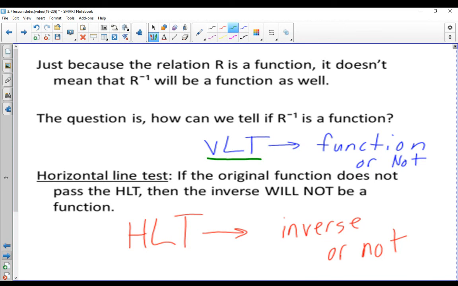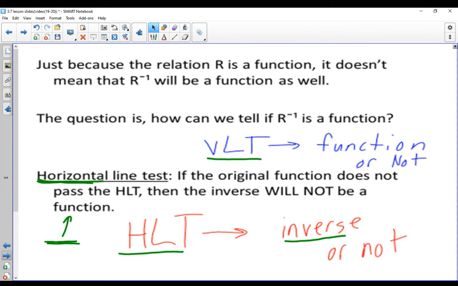But believe it or not, there is not only a vertical line test, but there is also a horizontal line test. And basically, it's when you take a horizontal line, run it through your graph, and it will tell you if a certain function will have an inverse or not.